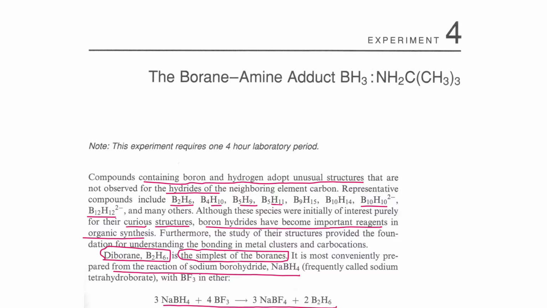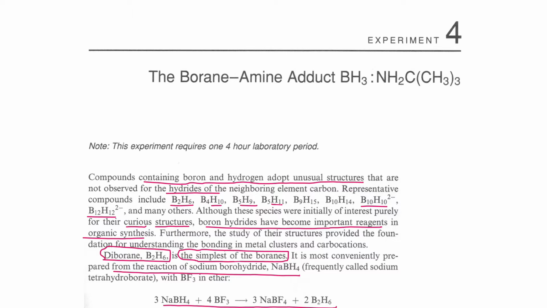Now, before we start with the adduct, we have to look into the interesting borohydrides, which are used extensively in organic synthesis: B2H6, B4H10, B5H9, B10H10 2 minus, B12H12 2 minus, and so many hydrides, and they have curious structure, as we will see later.